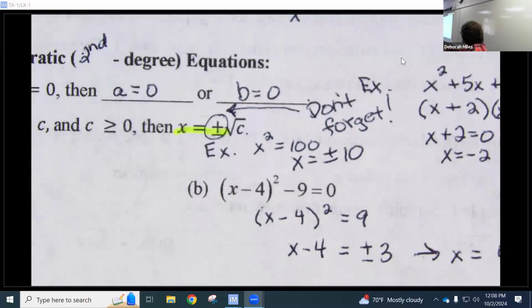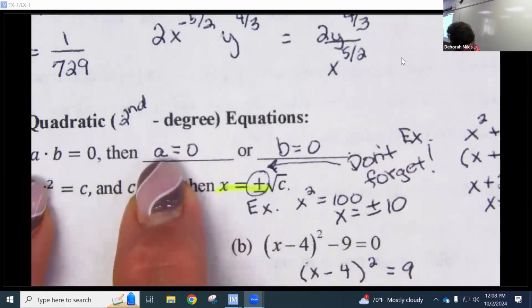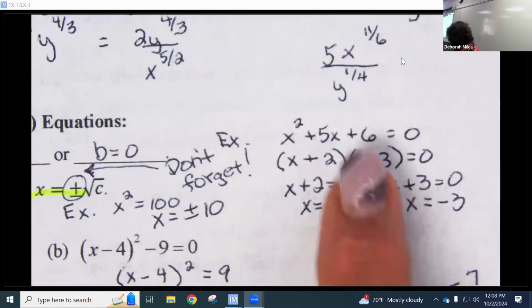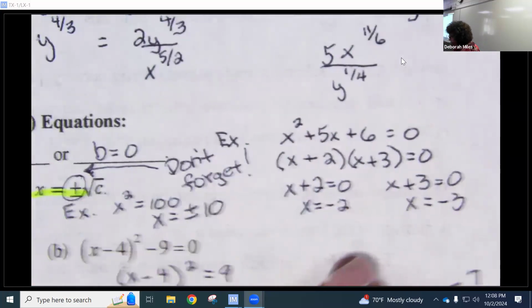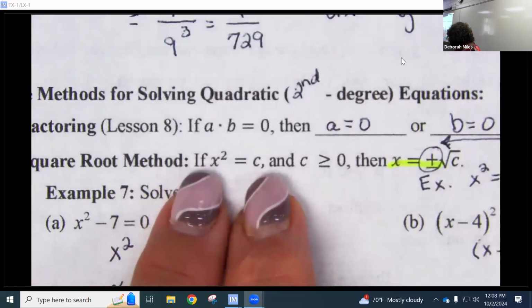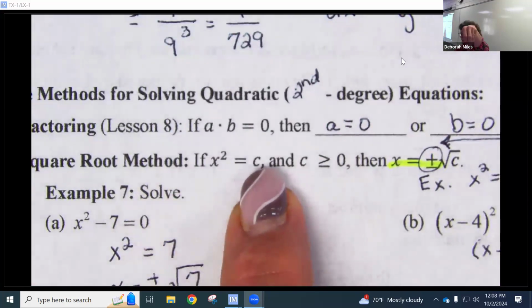Highest exponent is 2. So if I pick out all the quadratic ones, first I will try to solve them by factoring. If I have an expression that will factor, then that's the easiest method. But if I can't factor, I'm going to see if I can get in this form something squared on one side and a constant on the other, because that's pretty easy too.